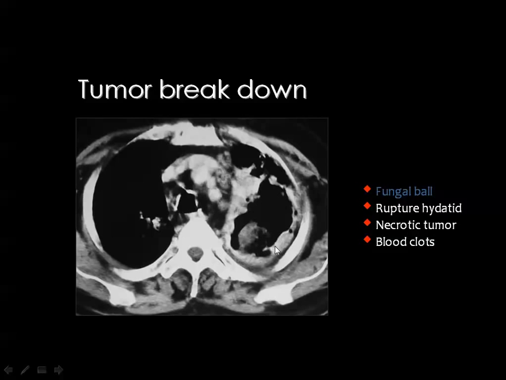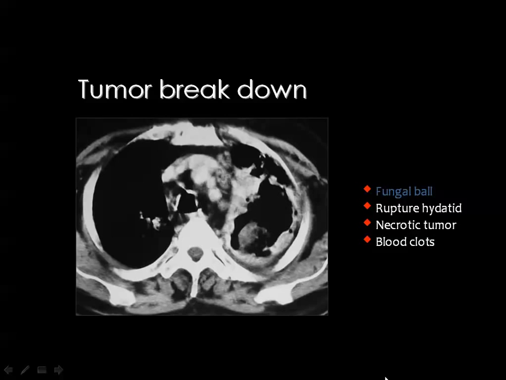If you see a cavity in the lung fulfilling the criteria of malignancy, which are a thick margin and an irregular inner wall, whatever the content of this cavity, you should diagnose malignancy. Whether the cavity contains air, a ball, or a fluid level, you think of malignancy, provided you have these two criteria: thickness of the margin and irregularity of the inner wall.